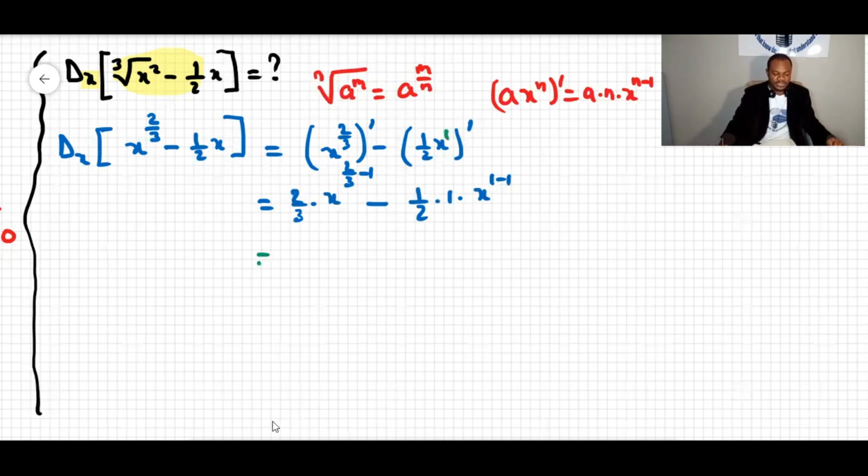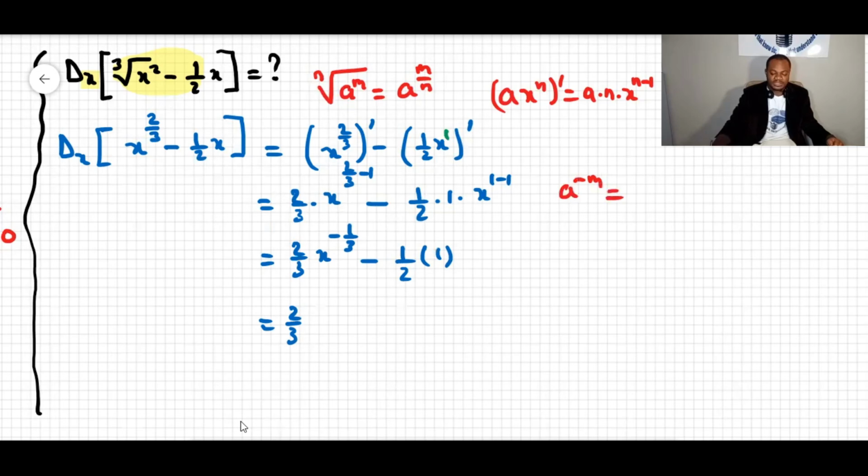And then this will be 2 over 3 x to the power of 2 over 3 minus 1, which is negative 1 over 3, minus a half x to the power of 0, which is just 1, a half times 1. Now this will be 2 over 3 times x to the negative a third. We can work it out by using this law that says a to the negative m is the same as 1 over a to the m.